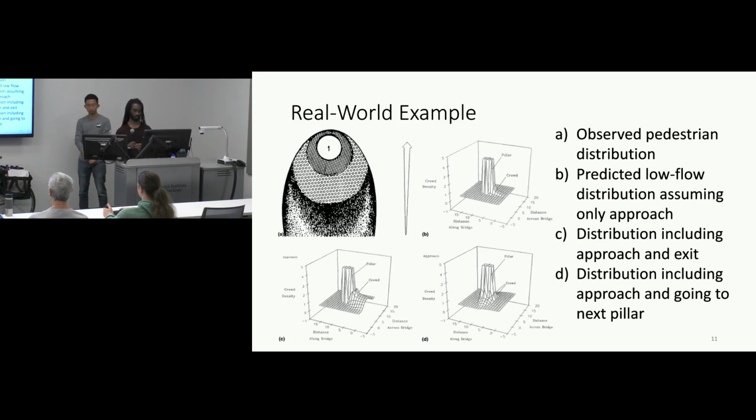The first one is assuming that they're only going to the first column. There are multiple columns here on the bridge. So in the first one, they go to the first column, and that's all that happens. That's more of a homogeneous flow. The second one is you're going to the column and then you're exiting. So now you have people going in opposite directions.